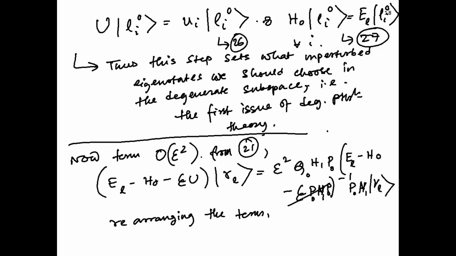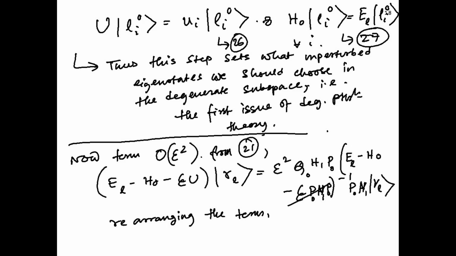So it is not a corrected state in that sense, but it is the correct state. There is a little bit of wordplay, but you know what I mean if you understood the previous part. So what this step does is set which unperturbed eigenstate we should choose in the degenerate subspace of the original problem, which is the first issue of degenerate perturbation theory, and this step solves that.